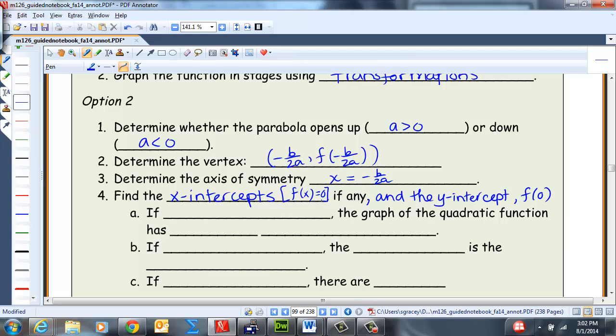So if b squared minus 4ac is greater than 0, you're going to have 2 x-intercepts. If b squared minus 4ac equals 0, the vertex is going to be your x-intercept, so you'll only have 1.